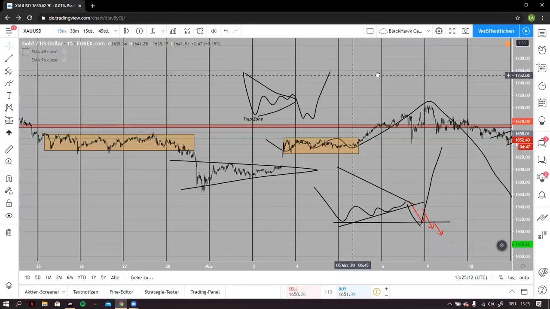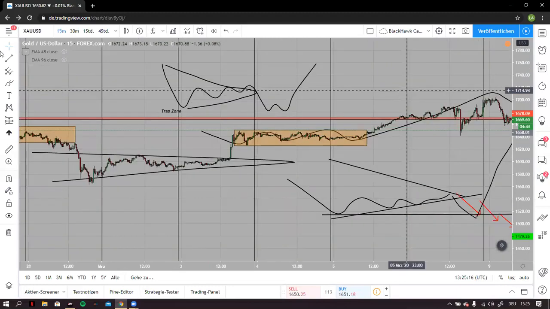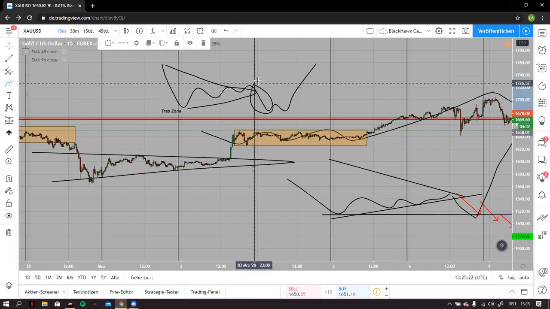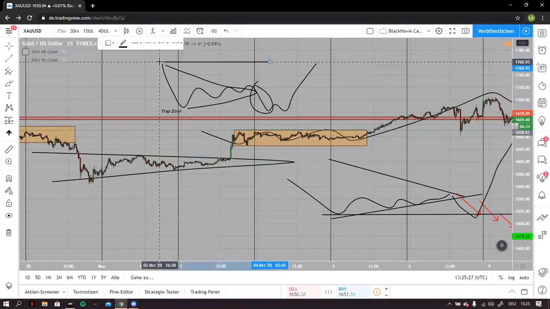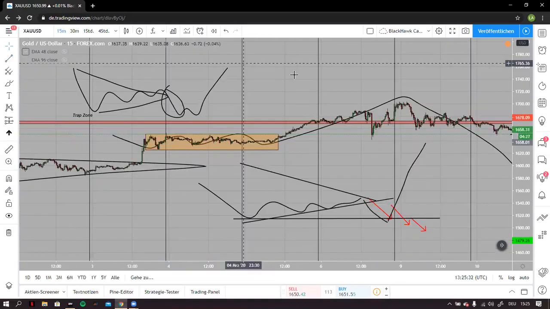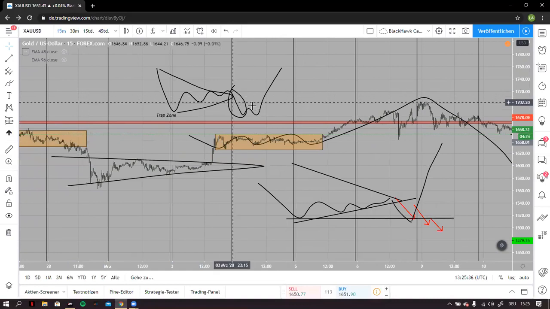So, what is the shift? The shift is this move, this breakout, this reaction to the trap. The next one would be the induction, which comes after the stop hunt.